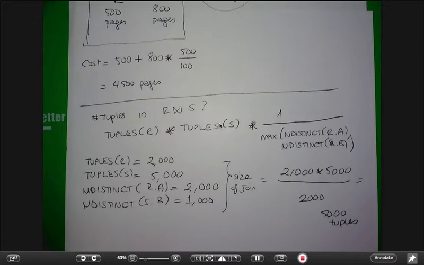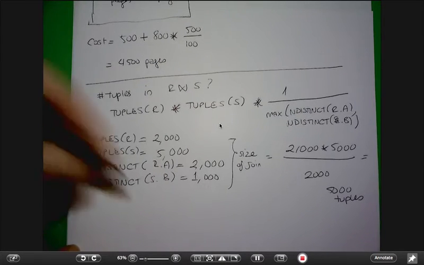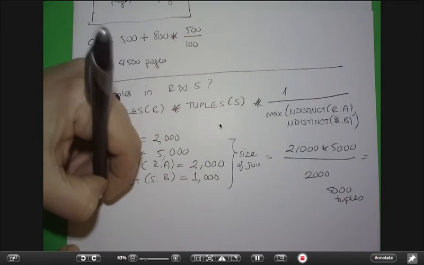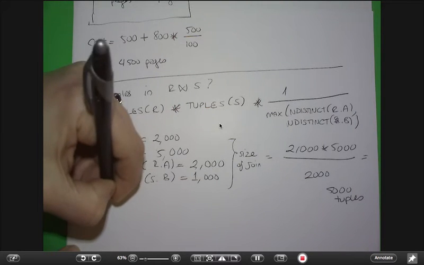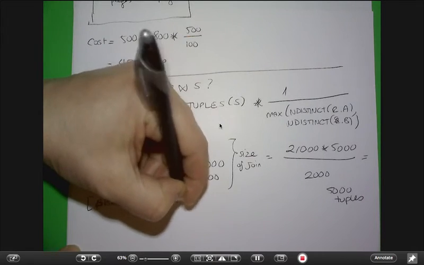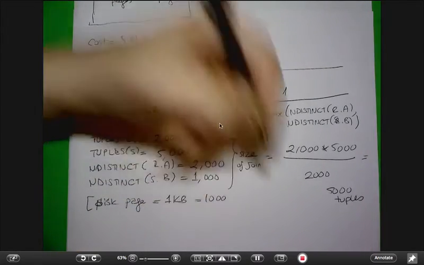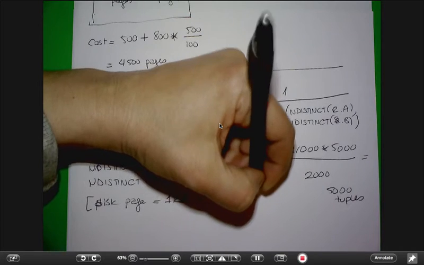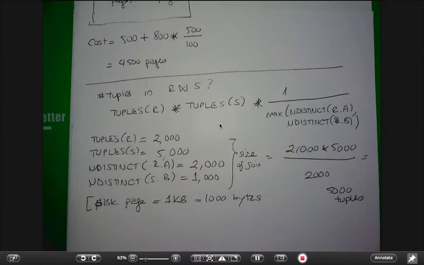So let me put an assumption here. Let's say that a disk page is 1 kilobyte, which I'm going to treat as 1000 bytes, just for simplicity. I understand that we are not educated people, but that's what we're going to do.